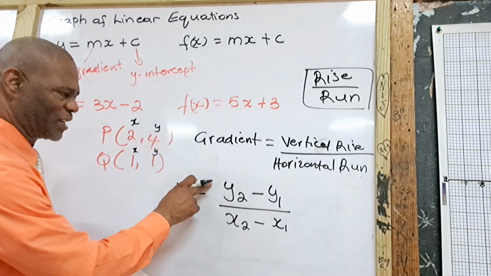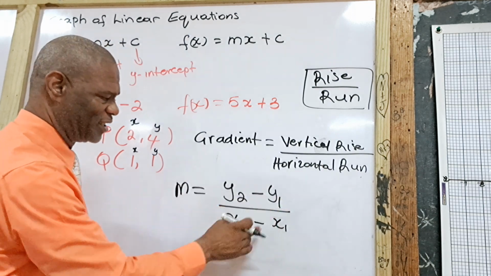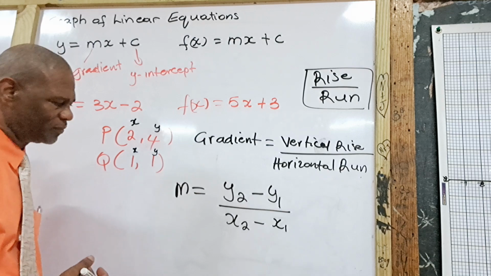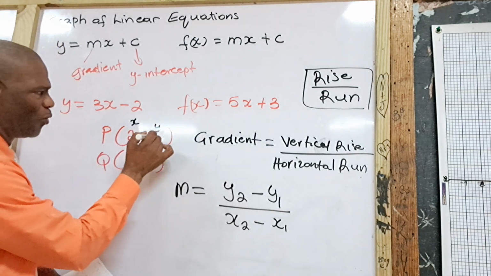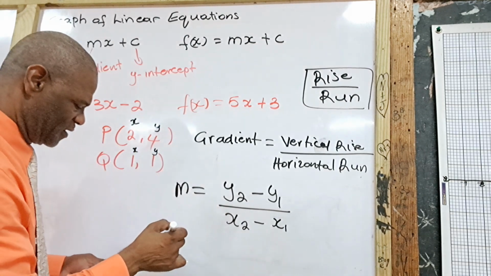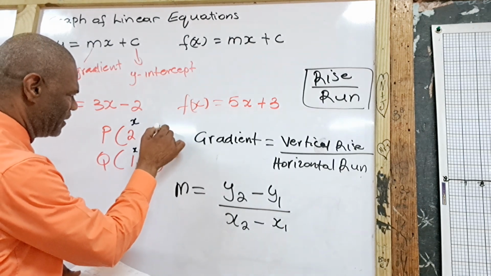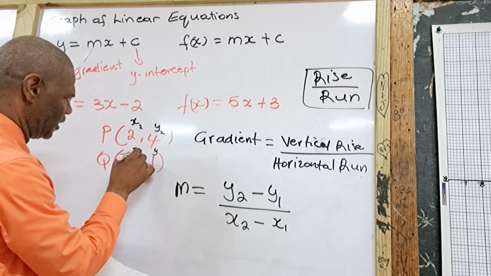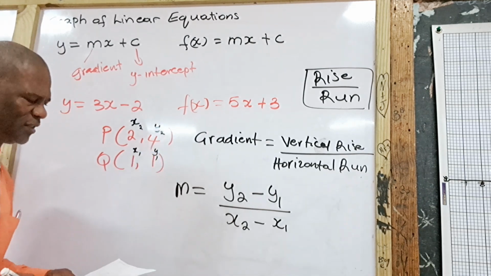So we have the vertical rise, that's the y coordinates over the x coordinates. So in this case, let's call this y2. It doesn't really matter. y2, x2, x1, y1. Right?